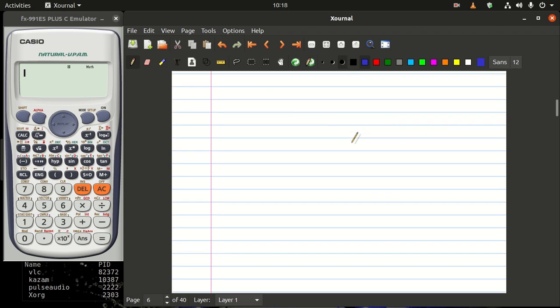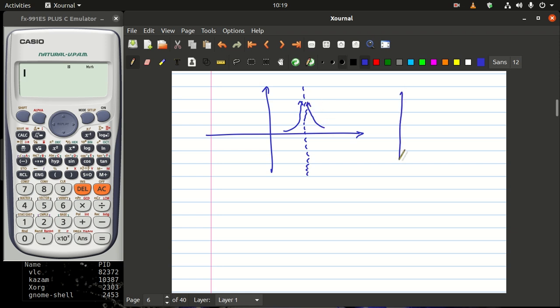Let's also look at another type of discontinuity here. If, let's say, I have a function like this, and I know that at this particular point here, the function is either going this way, this side, or is going that way, that side, or I have a function such that this side we are going that way and this side we are going that way, or I have another function here such that close to this point here, the function is either going this side and the other one is going that side, or I have another thing here at this point here.